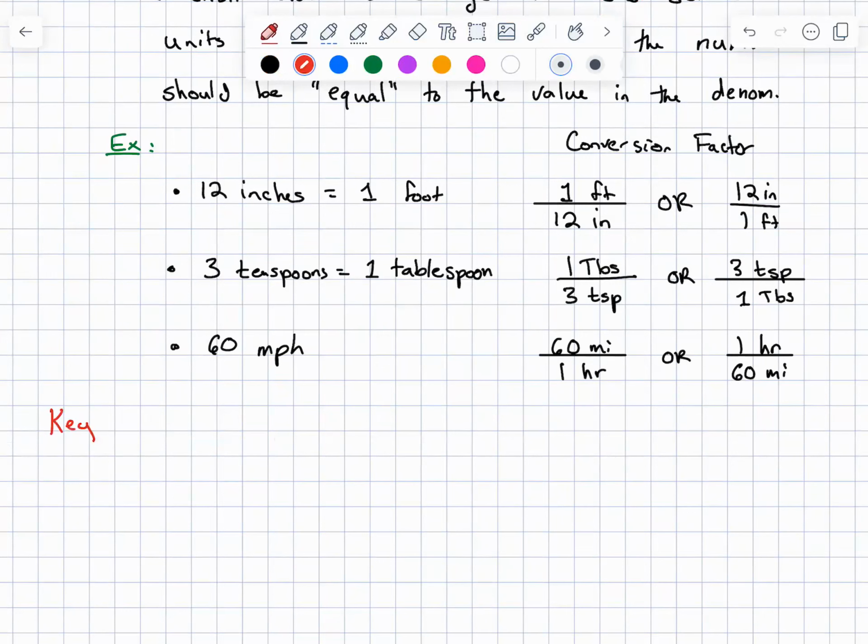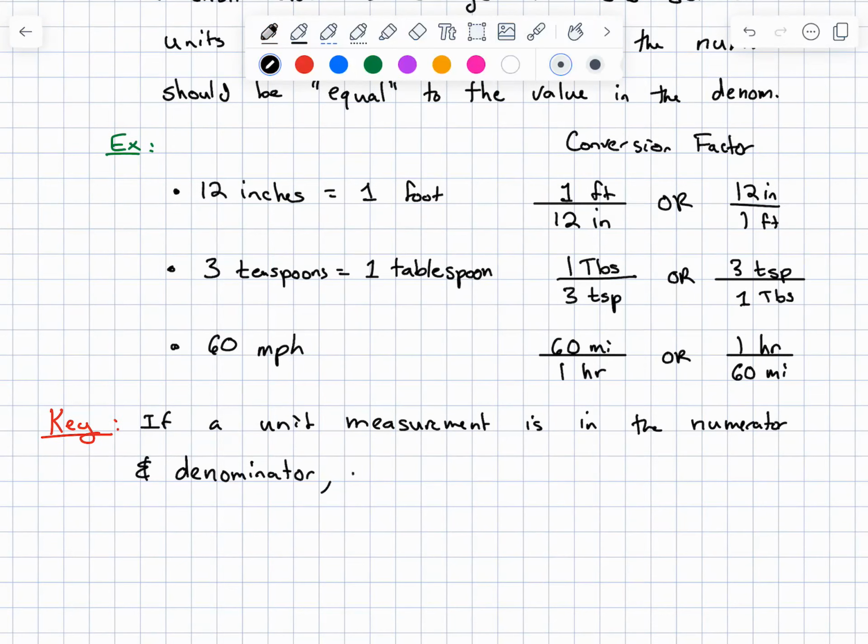So the key to doing unit conversion problems is that if a unit of measurement is in the numerator and denominator, it cancels, quote unquote.